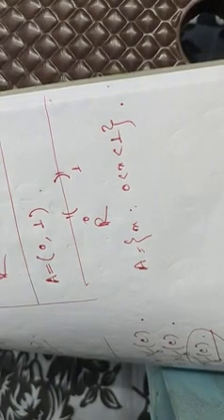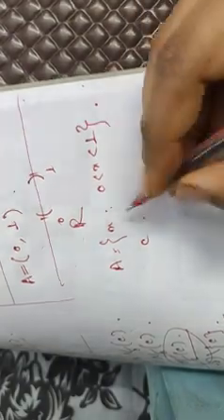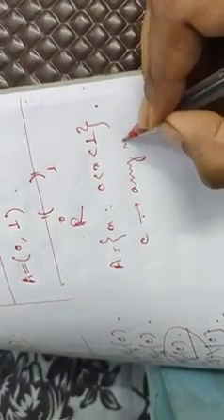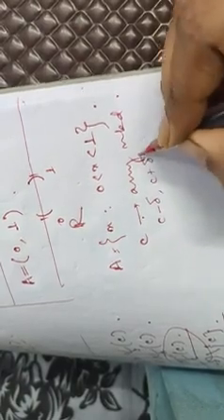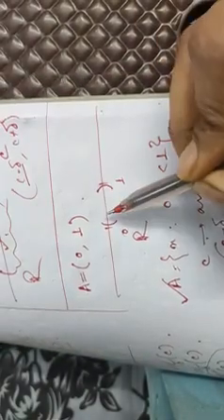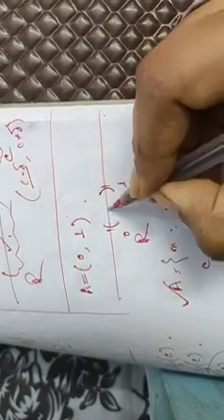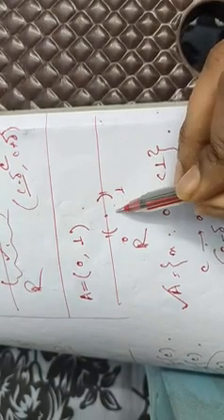Now we have to find all such points C such that whenever we consider any neighborhood of C, say C minus delta, C plus delta, it will contain at least one point of the set A other than C. Consider any point here, like 1/2, 1/4, 1/3, 1/5, anything.